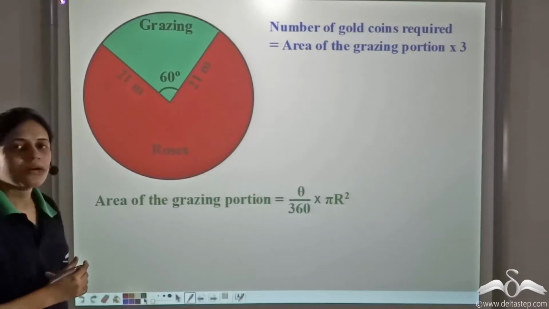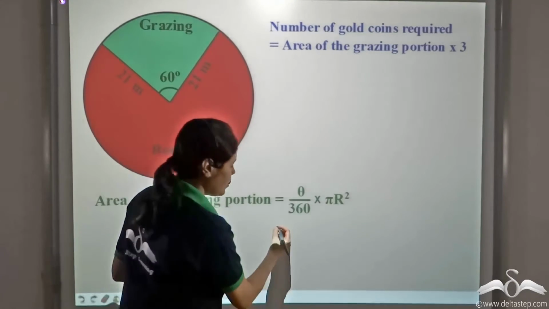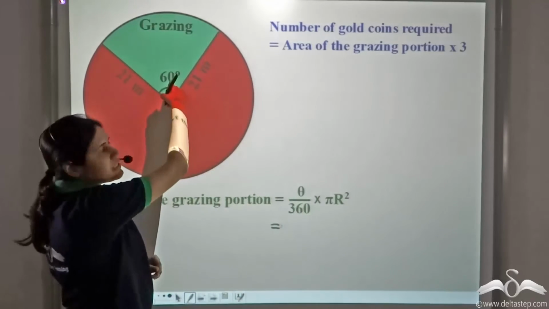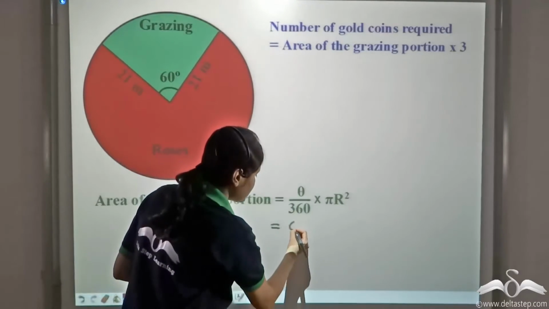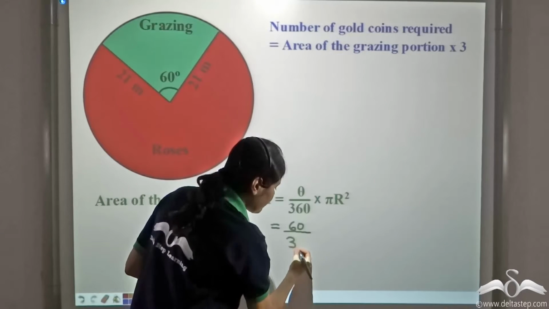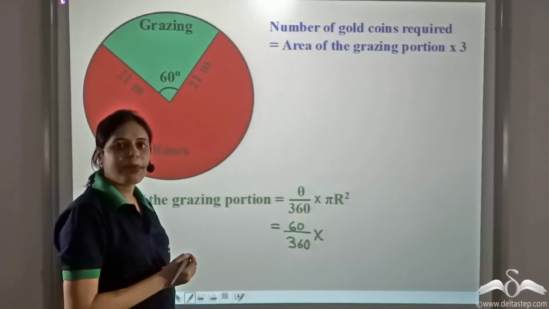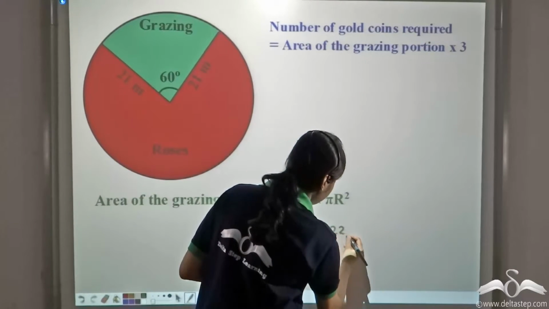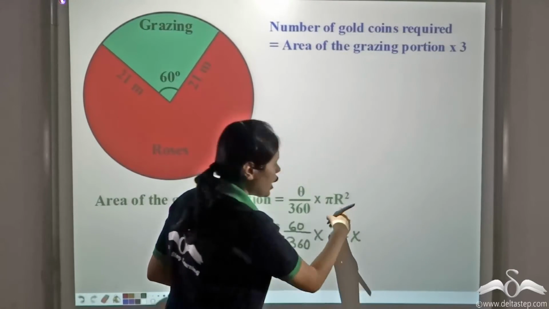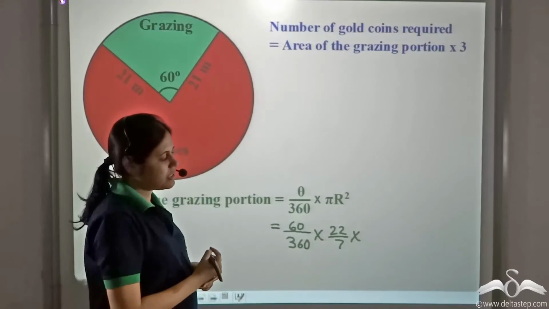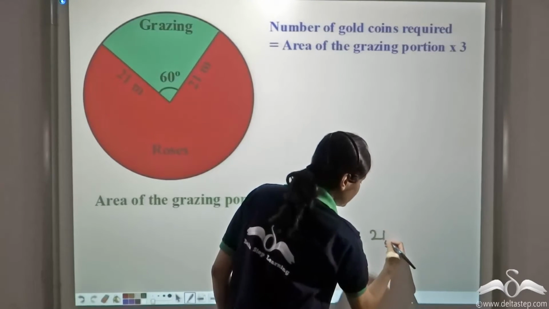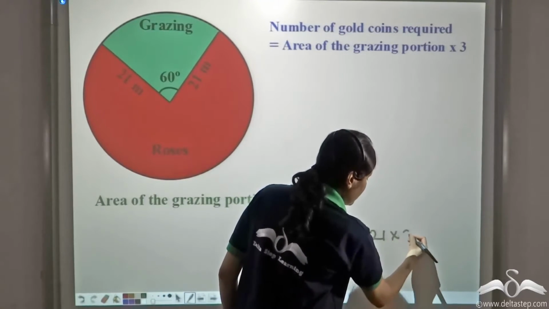Now let us substitute the values. Theta is the central angle, which is 60 degree. So this is 60 divided by 360 into pi. Let's take pi as 22 by 7 into r square. R is the radius, which is 21 meters. So it is 21 into 21.